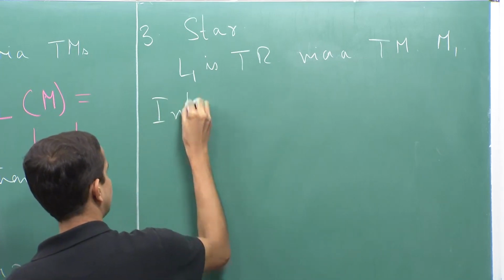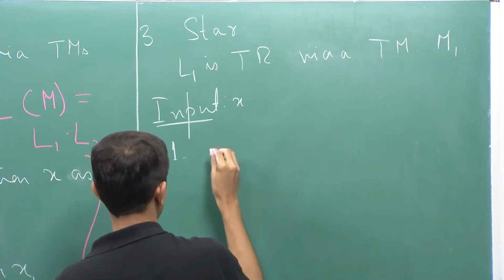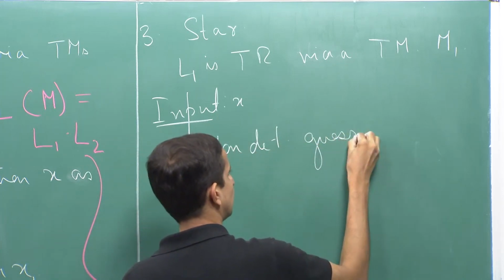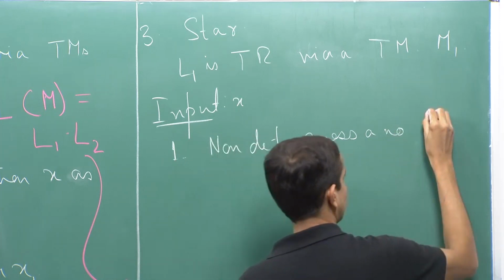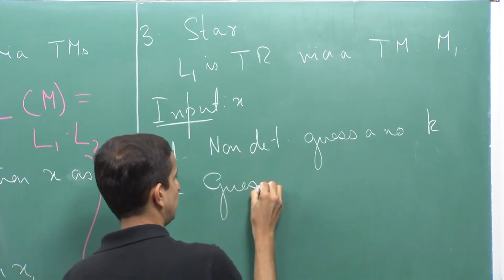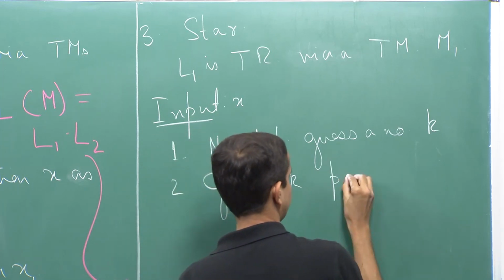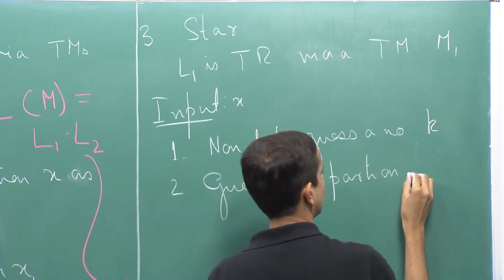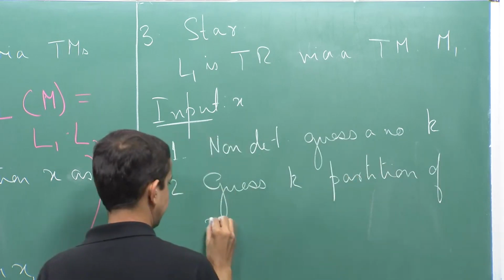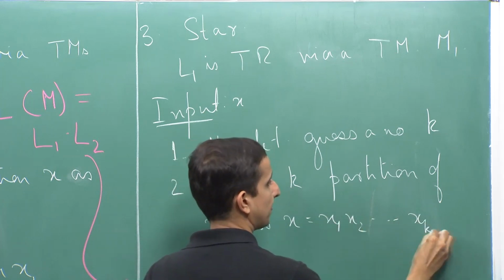What we do is that given input X, we first non-deterministically guess a number K, and guess a K partition of X as X equals X1, X2 up to Xk.